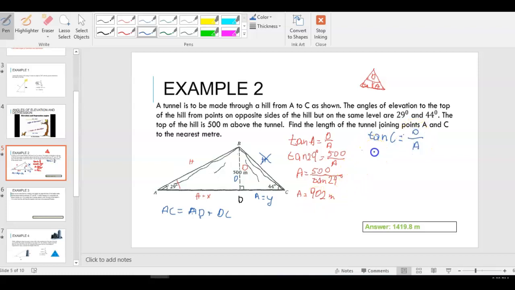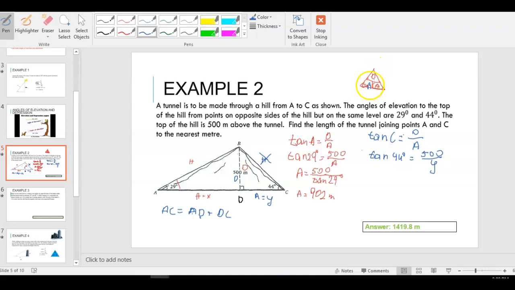Angle C is 44 degrees, so we have tangent of 44 degrees equals opposite is 500 over y. Okay, again here we can use the same pyramid triangle.